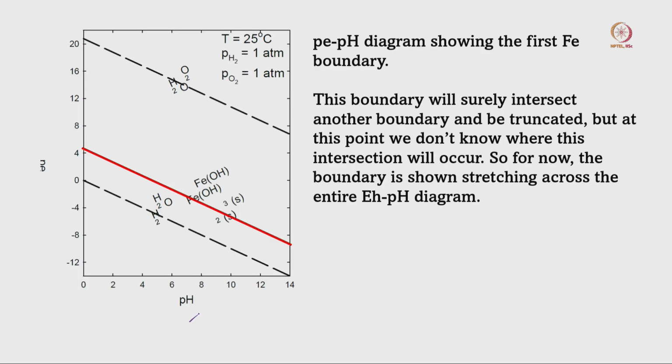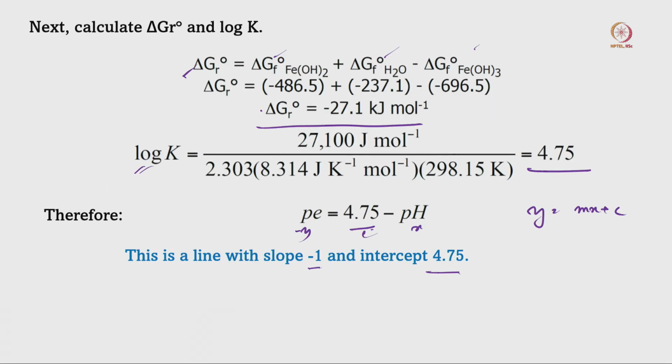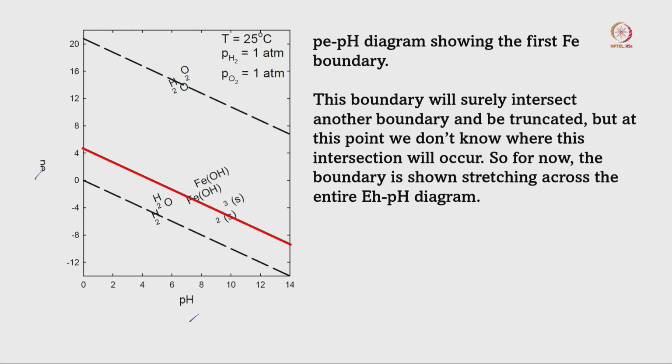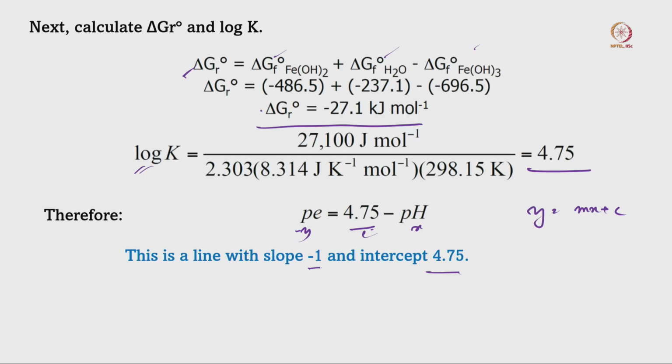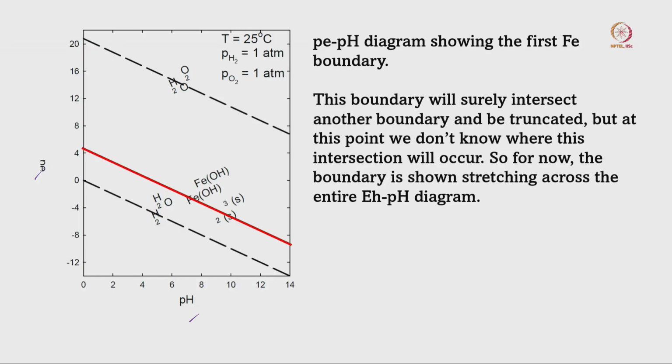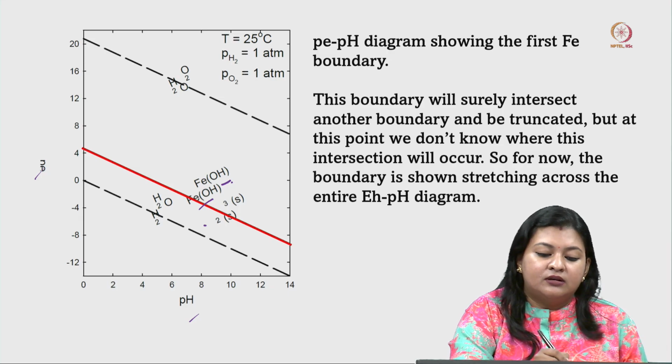So, if you have pH and if we have pe in this axis, then our intercept is 4.75. So, from 4.75 we draw a line, and what is the slope? The slope is -1. Okay. So, this is our boundary of FeOH2 and FeOH3. Okay. FeOH3 is here, FeOH2 is here. Just forgive this, it just shifted somehow.